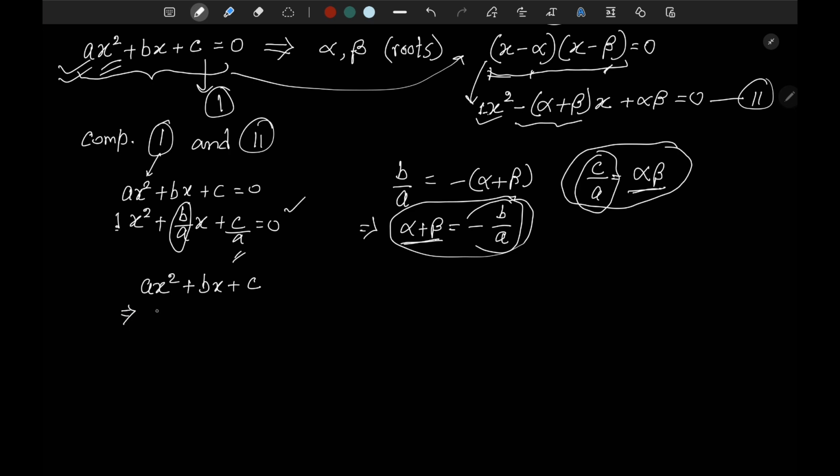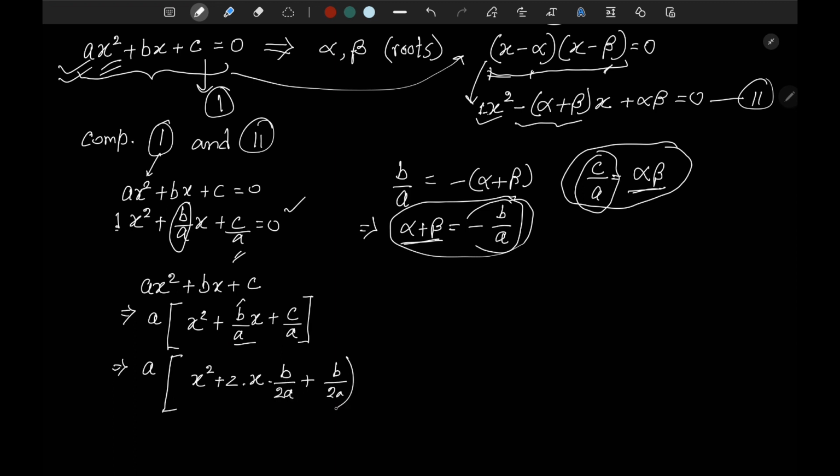This can be written as, if we take a common, let's try to express it as a whole square term. So we have x square here, plus for this term we will have 2 into x into, to balance this thing we will write b by 2a, then we will have (b by 2a) whole square.